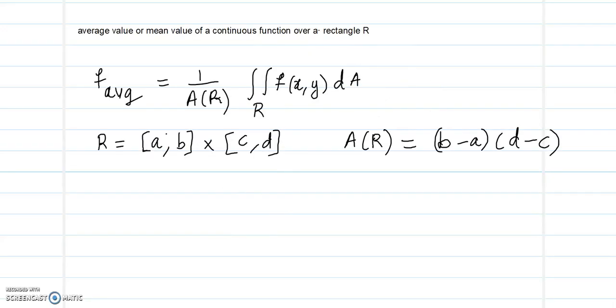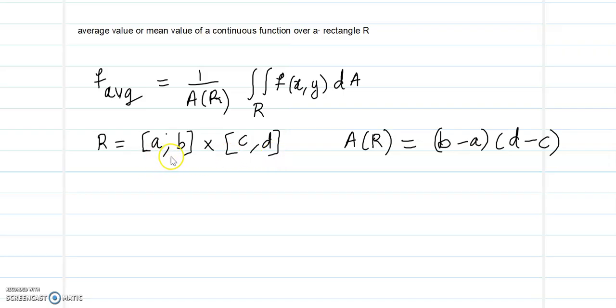Now we will see the last type of problem, that is to find the average value or mean value of a continuous function over a rectangle R. If we are given a continuous function f of xy defined over a rectangle R, I'll take the rectangle to be [a,b] cross [c,d].